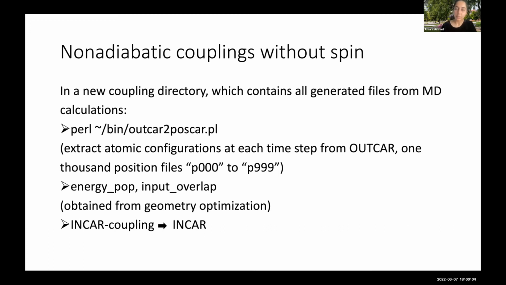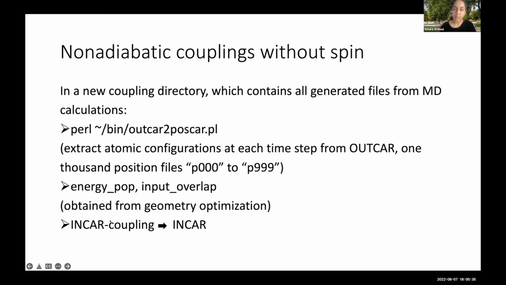When we run this Perl script, we get the snapshots of these files during the MD simulation, as explained by the previous speakers. Then we need to calculate the energy, POP, and input overlap files that we get from the geometry optimization by running the Perl script.